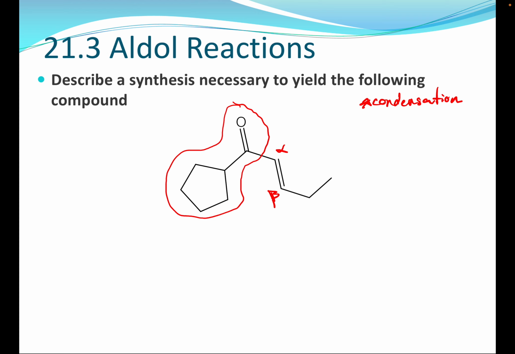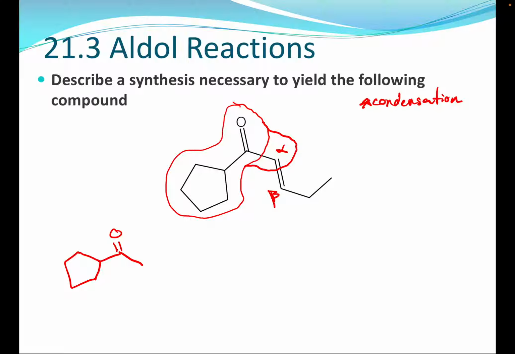So we have our carbonyl, and in fact, I should have gone ahead and included the alpha position as part of the original molecule. So if that's the case, then we know that one of our starting materials had to contain this ring and the carbonyl, and it needs to have the alpha position that was deprotonated.